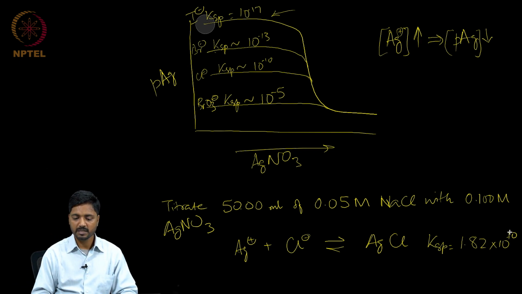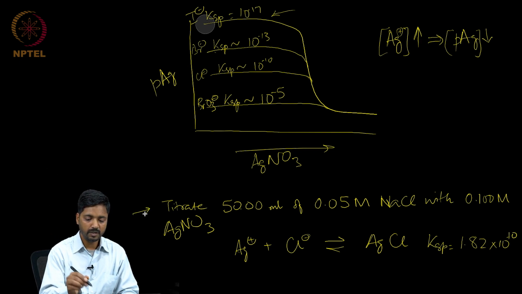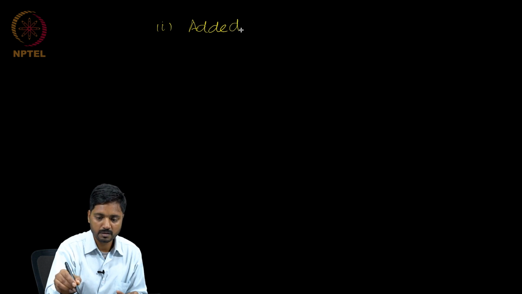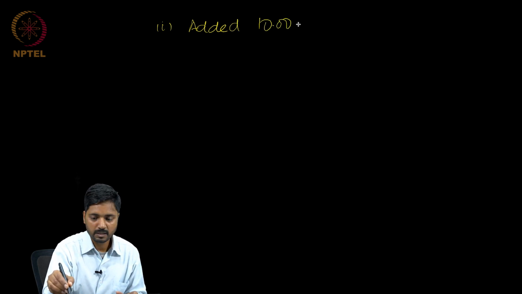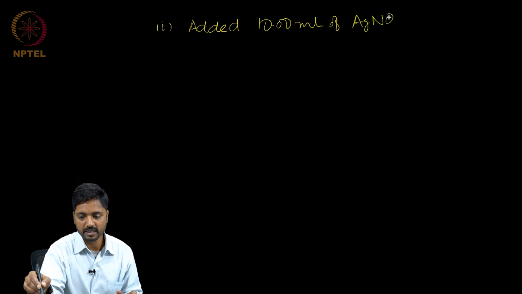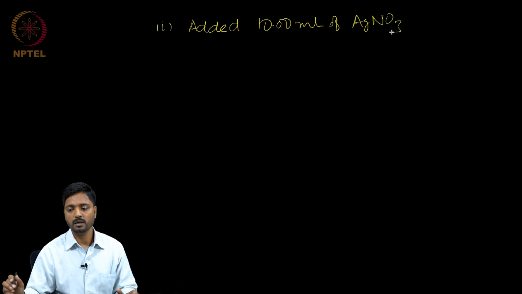So, let us take an example where at the pre-equivalence condition, we have added 10.00 ml of silver nitrate to the sodium chloride solution.